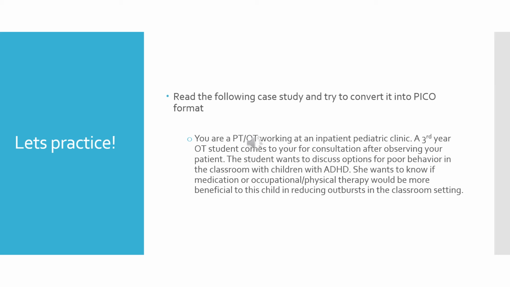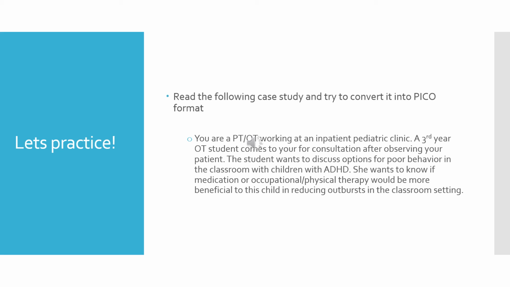So I know we've had a lot of practice this semester, but just in case you need a refresher, I created a little case study so you can convert this case study into the PICO format, which will end up giving us a foreground question. So you're a PT/OT working at an inpatient pediatric clinic. A third-year OT student comes to you for consultation after observing your patient.